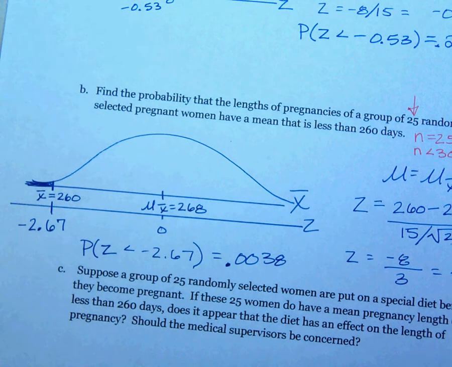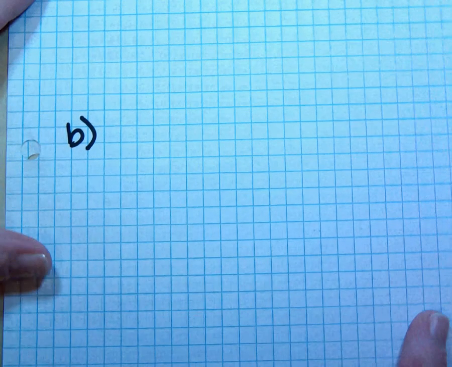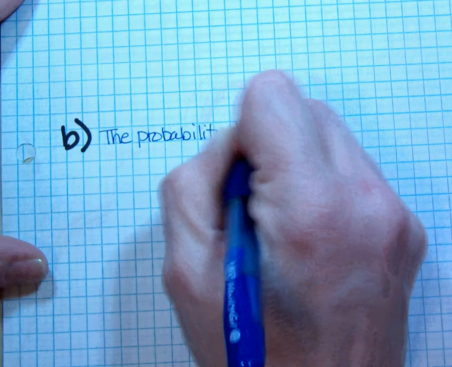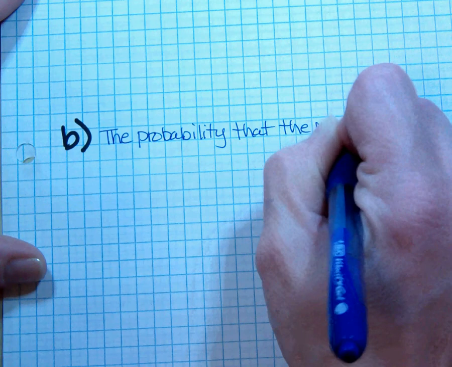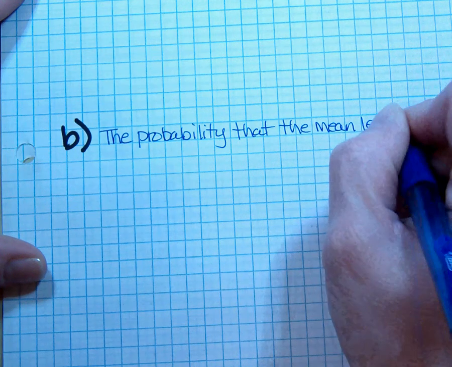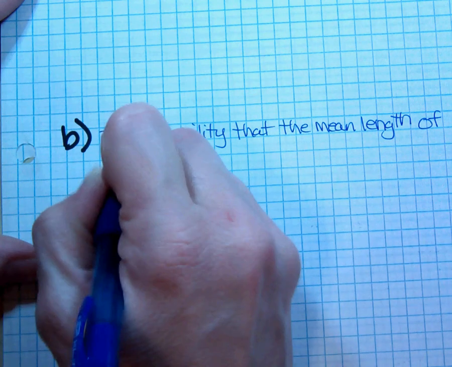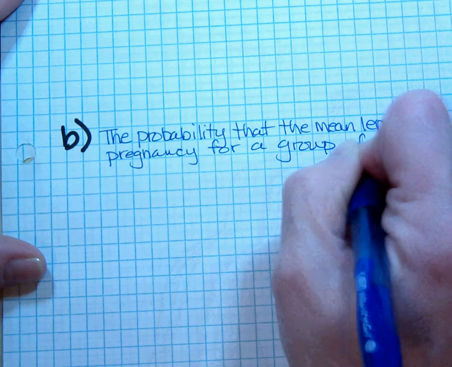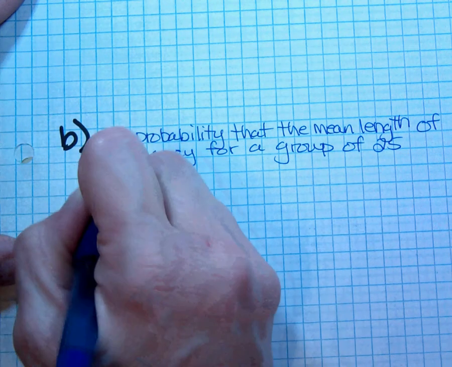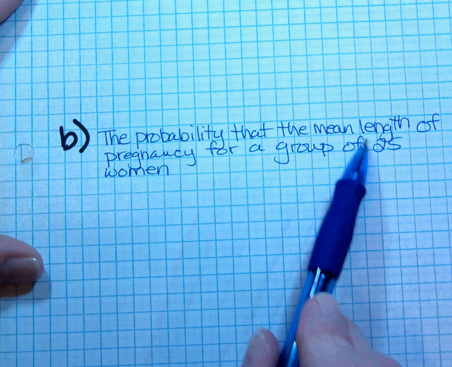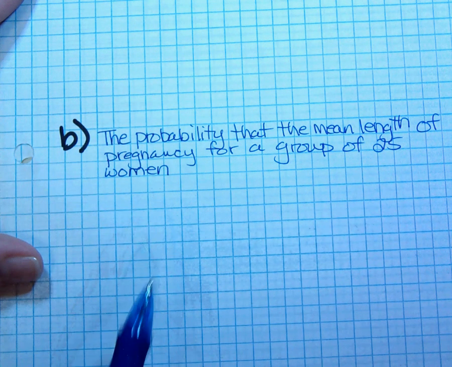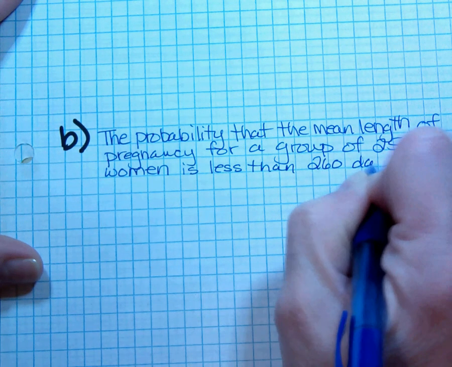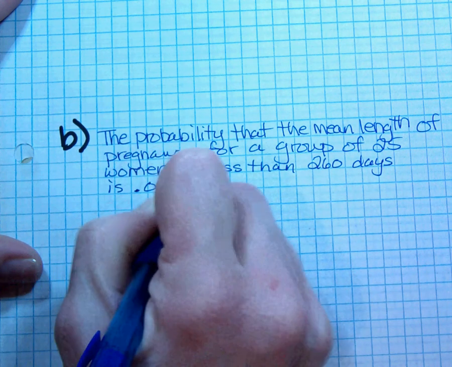So let's interpret what that means. So we'll say the probability that the mean length of pregnancy for a group of 25 randomly selected women is less than 260 days is 0.0038.